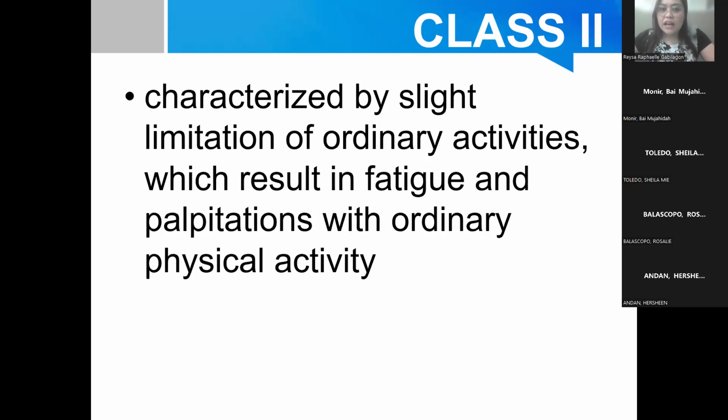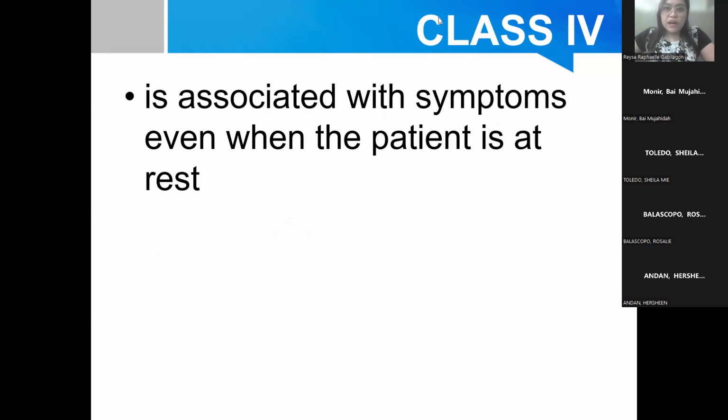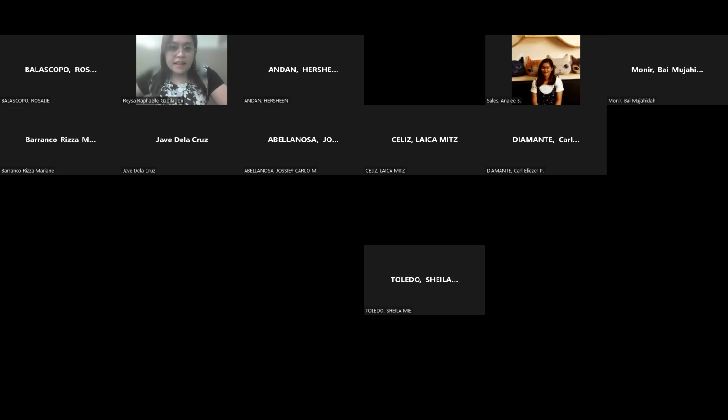Si class 2, nagkakaroon ng limitations sa ordinary activities. Si class 3, kahit less than ordinary activities, naglakad nga lang siya sa kusina papuntang sala, nagkaka-signs and symptoms na. And then ito, class 4, even at rest, may symptoms na ang patient natin. Okay?